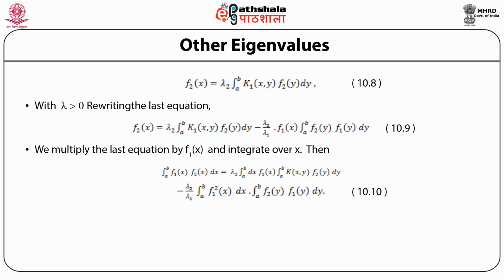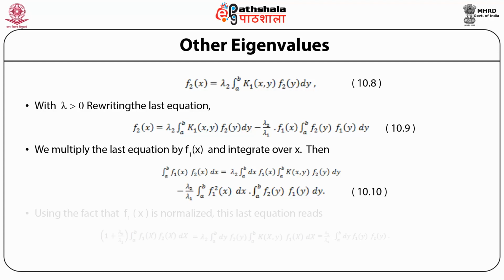The right hand side, the first term is lambda 2 and integral from a to b of f1(x) dx multiplied by the integral from a to b of K into f2(y) dy, minus lambda 2 by lambda 1 integral from a to b of f1 squared dx multiplied by the integral of f1(y) f2(y) over dy from a to b.